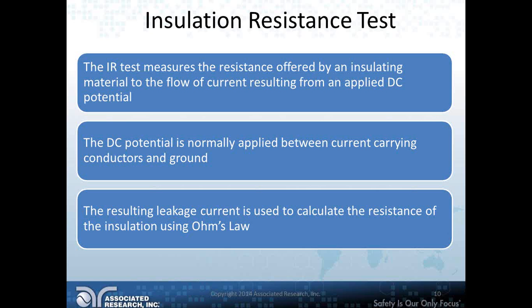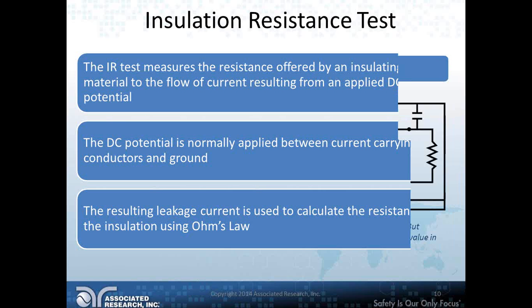And then again, the resulting leakage is used to calculate the resistance using Ohm's law. So basically, this test relies on the simple use of Ohm's law. It looks at the leakage current, which flows on the insulation due to the applied potential, and then it calculates the resistance based on that current value.